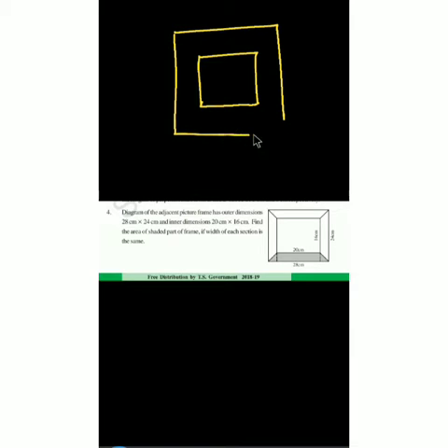So given this is the frame, and this is the actual figure. We have to find the area of this required portion.